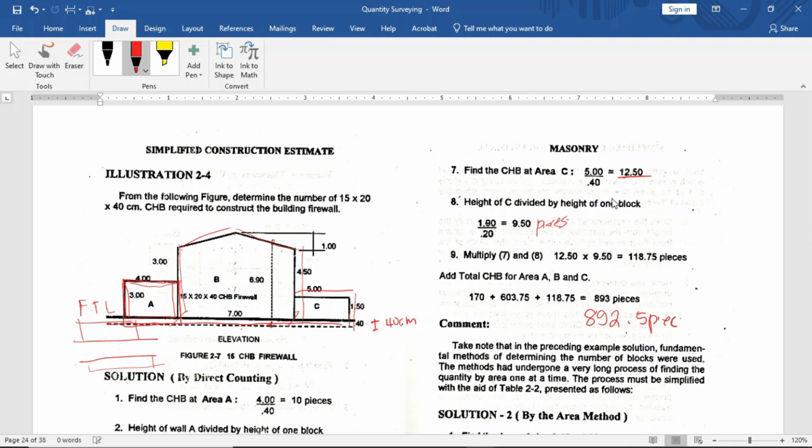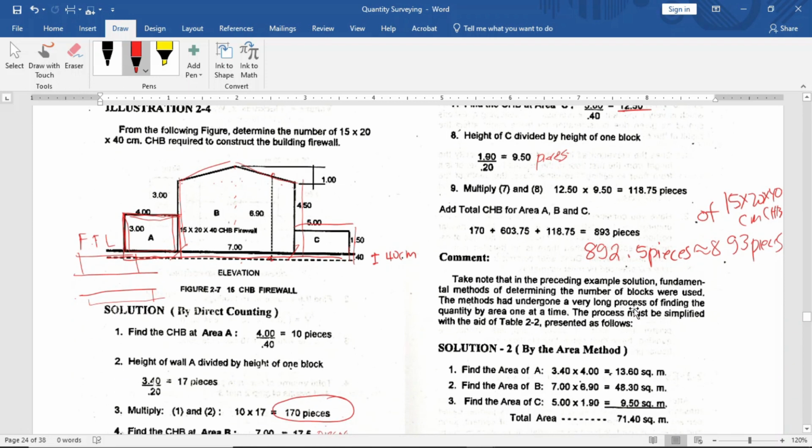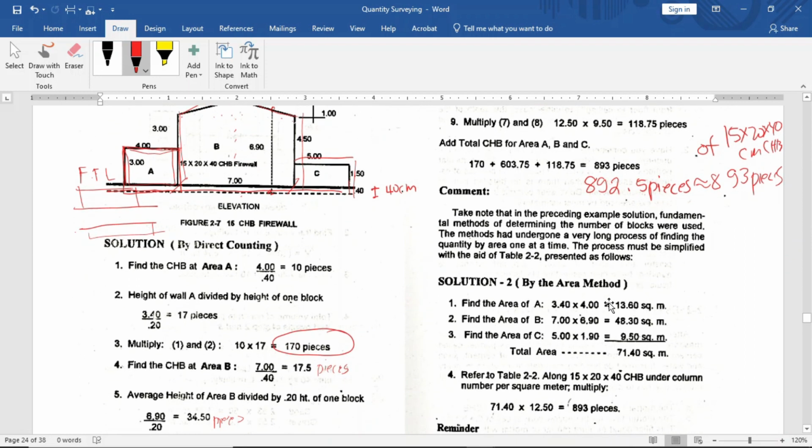So since nga wala naman tayo mabibiling 0.5 piece ng kahit ano, so i-round off natin, say 893 pieces of 15 by 20 by 40 centimeter CHB. So yan yung sagot natin by fundamental method. Yun yung by direct counting, by fundamental method.